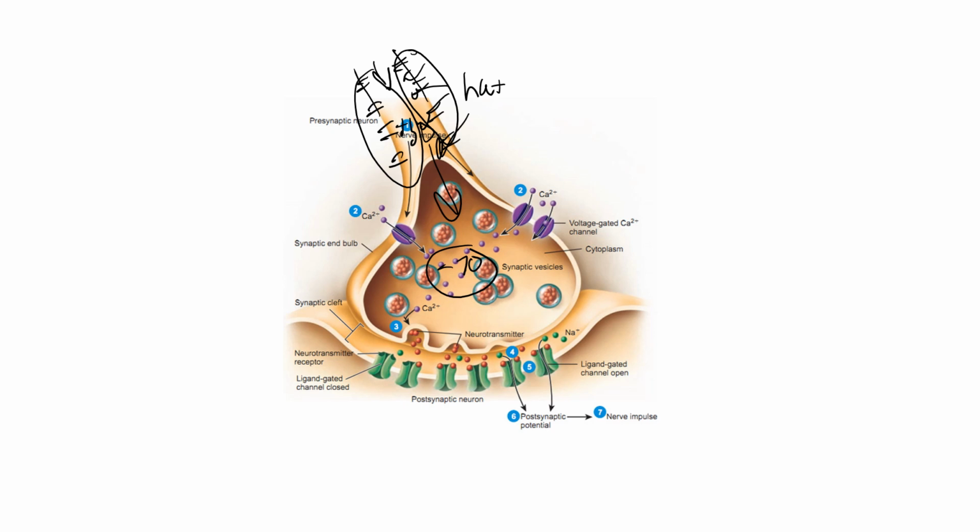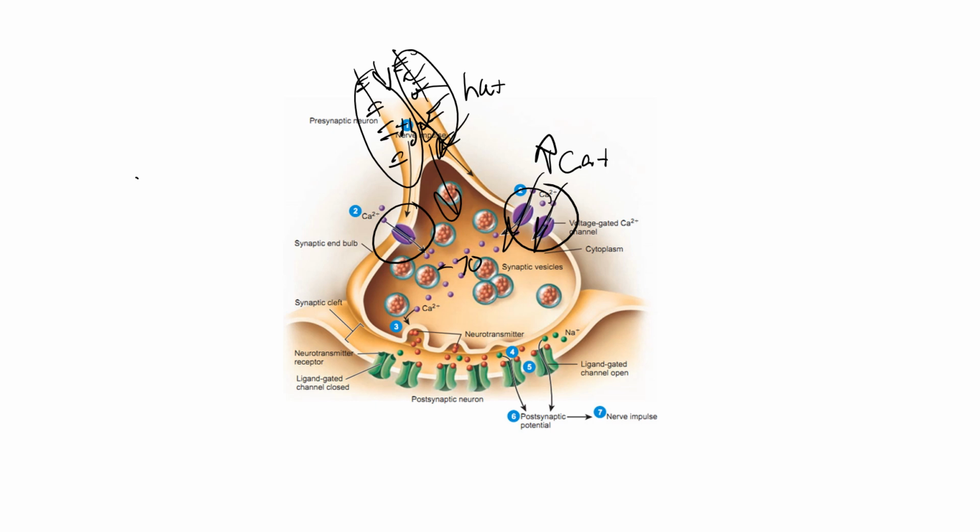That makes the button more positive, and look at that, the voltage-gated calcium channels open up in the membrane of the button. And calcium is a positively charged ion that's high outside, low inside. So it has a chemical driving force to come in. It also has an electrical driving force pulling it in. So if the voltage-gated calcium channels open up, as is depicted in the image, calcium will flood into the button.